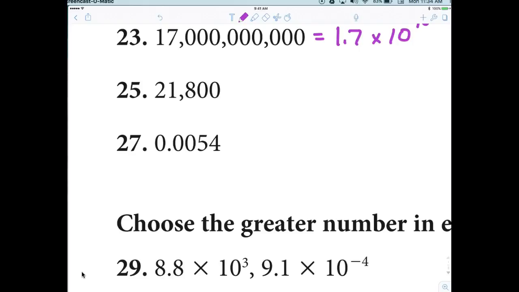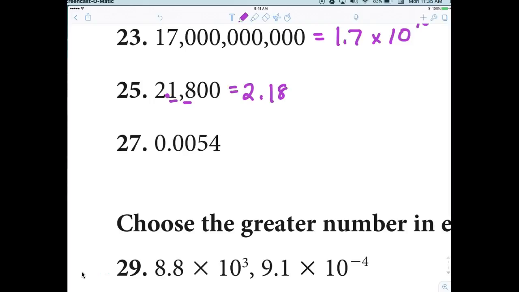So what number am I going to write down? 2. Then what number's left? 1 and 8. So 2.18.